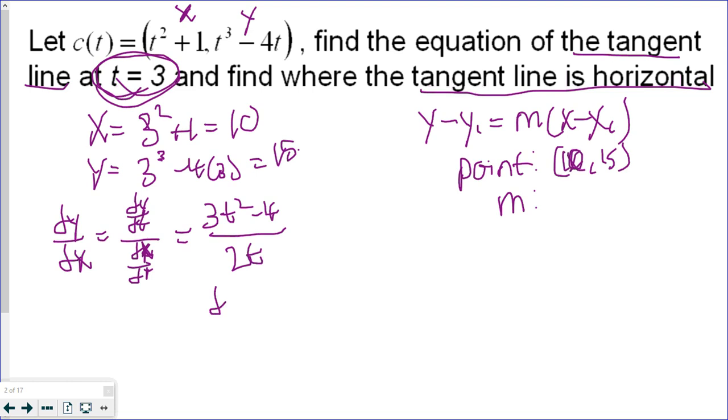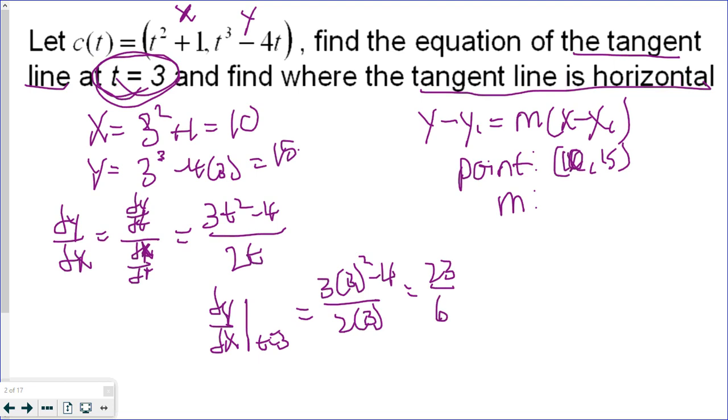If I want to know dy over dx, or the derivative at t equals 3, you just plug 3 into that. So it's 3 times 3 squared minus 4 over 2 times 3, which I believe is 23 on top and 6 on bottom. So I got 23 over 6 for my slope. Now you have the 2 things you need for a tangent line. So it's y minus 15 equals 23 over 6 times x minus 10. There you go.